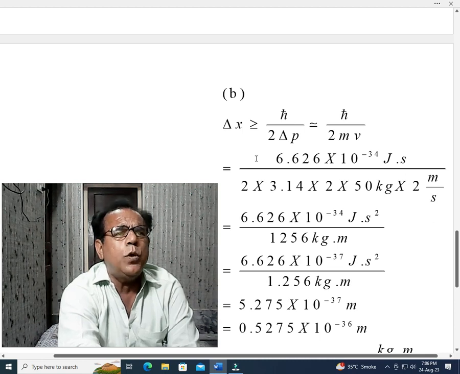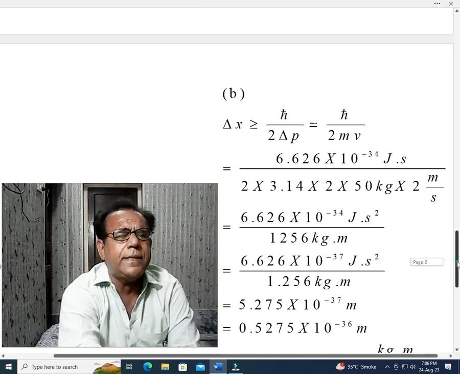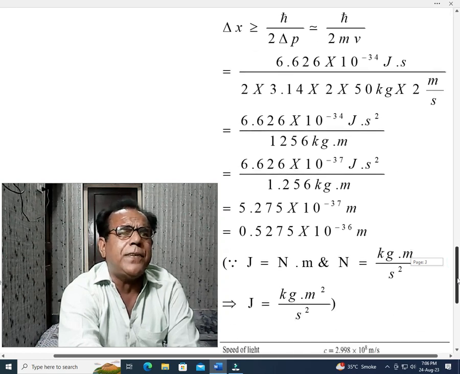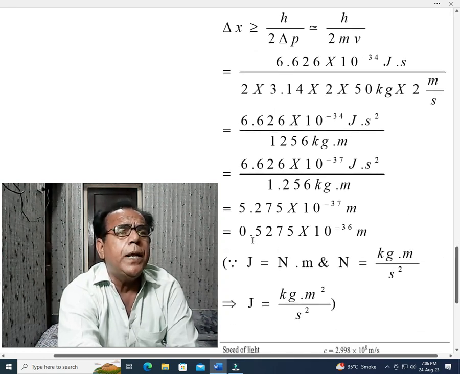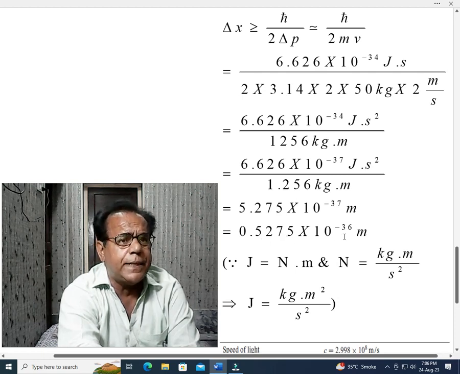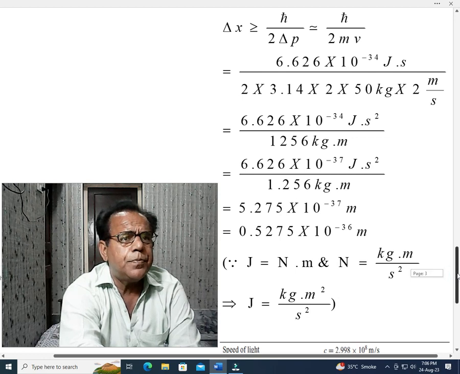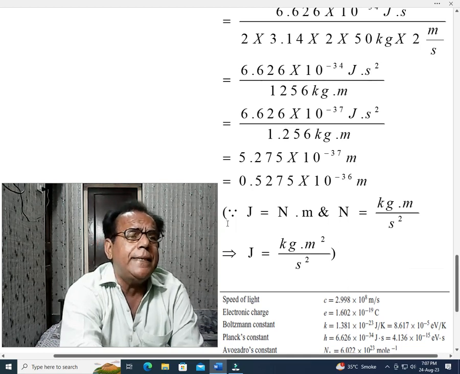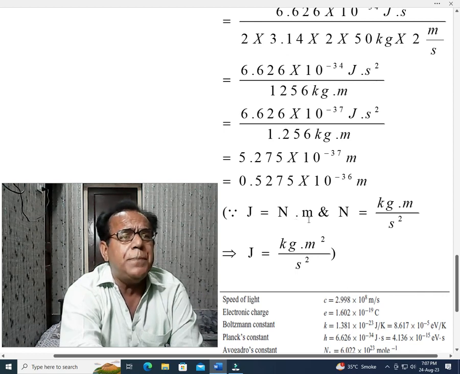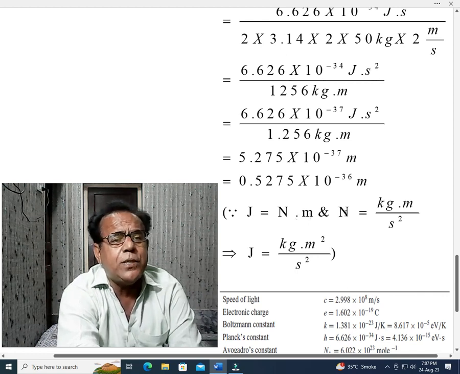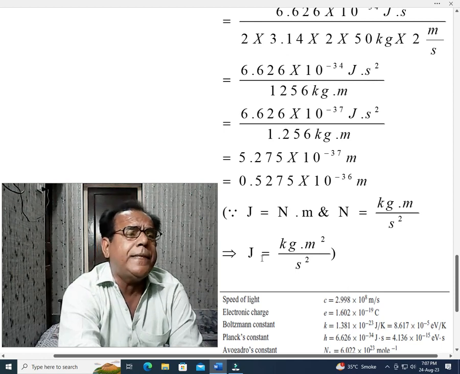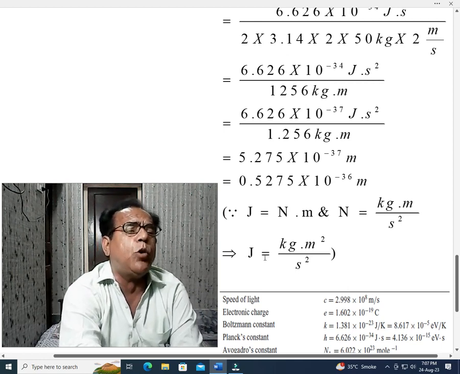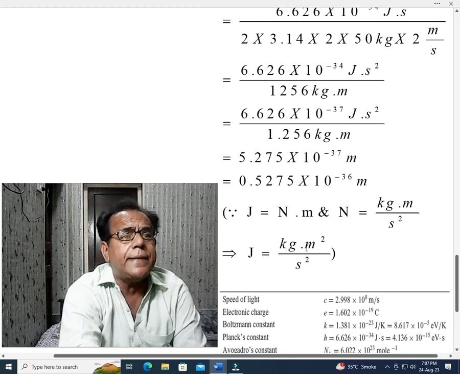Okay, so the next point is just simplification. After simplification it becomes equal to 0.527 into 10 raised to the power minus 36 meter. However, here within the bracket it is written that since joule is equal to Newton meter, and Newton is equal to kilogram meter per second square, this implies that joule is equal to kilogram meter square per second square.